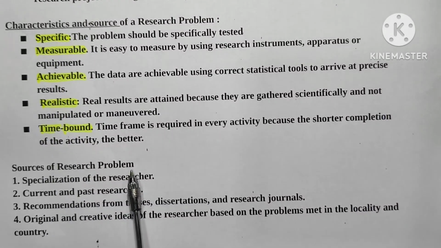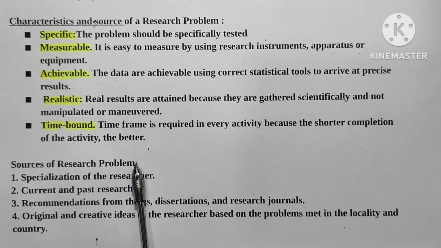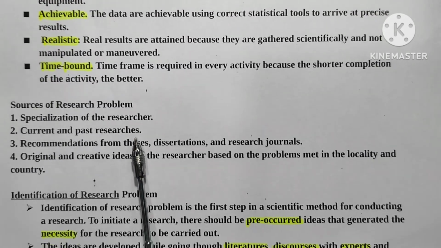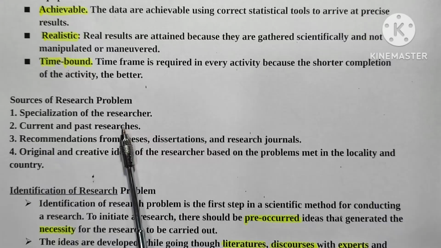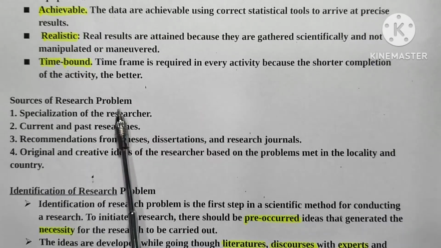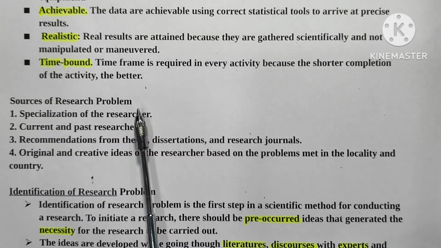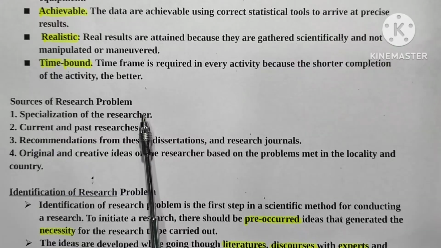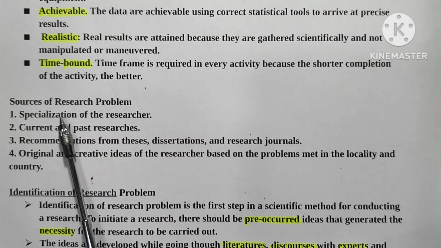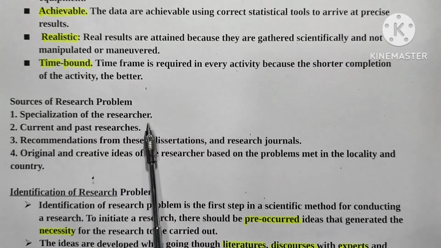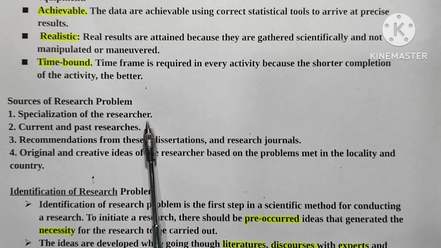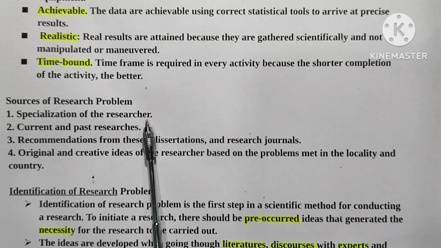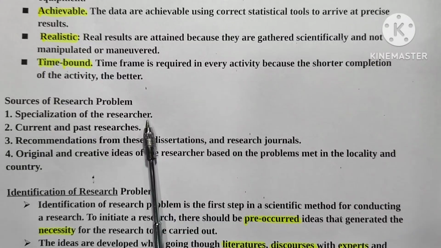Next, sources of research problem. For example, you have no idea what to select for a research project. What are the sources of a research problem? From where can you get an idea on what topic you have to conduct research? First one is specialization of the researcher. The person who is going to conduct research, in which department or category are they specialized? If you take nursing, you are a pediatric nurse.